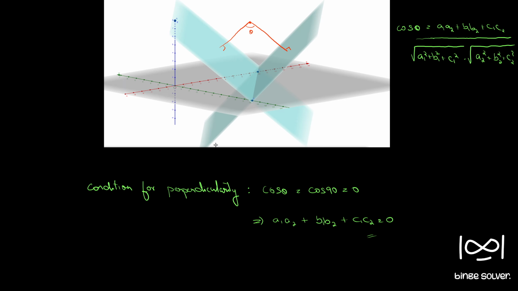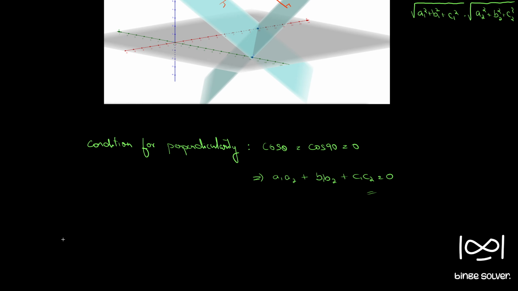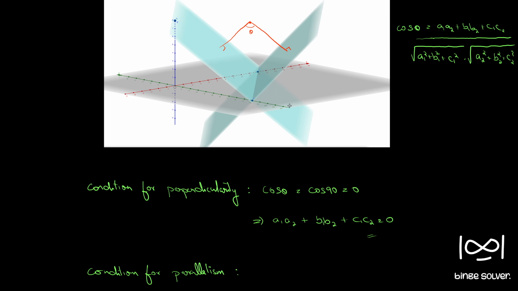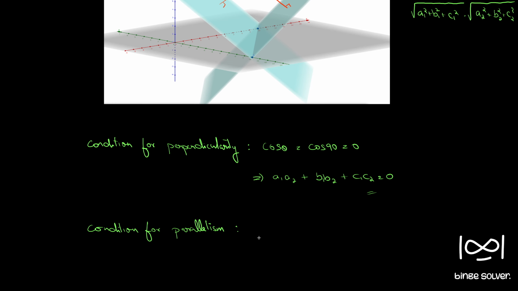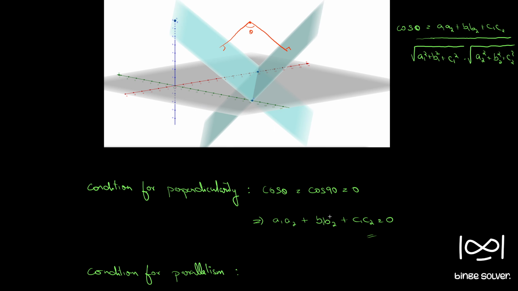And similarly, the condition for parallelism. If the two planes are parallel, the angle between them will be 0. So let me just show an example.